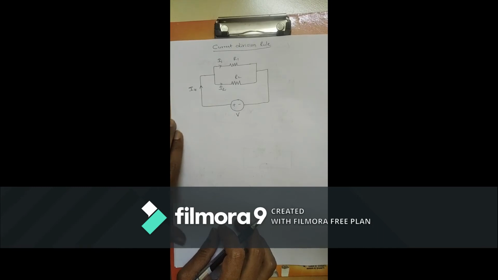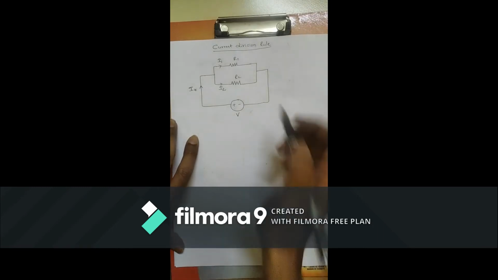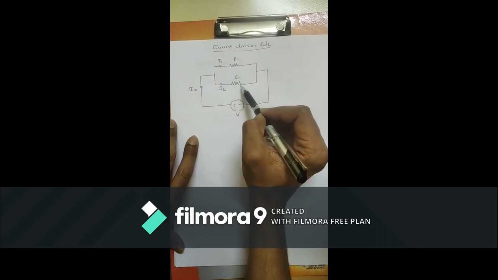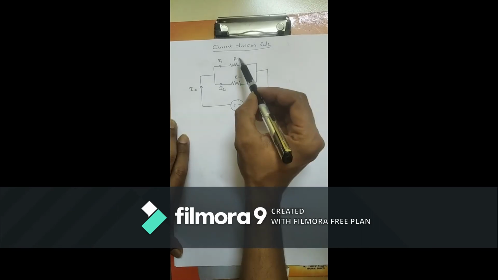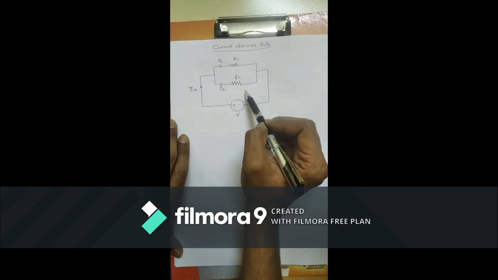This current division rule is applicable when two resistances are connected in parallel, and it is used to find the branch currents. We know that a parallel combination of resistances acts like a current divider circuit.